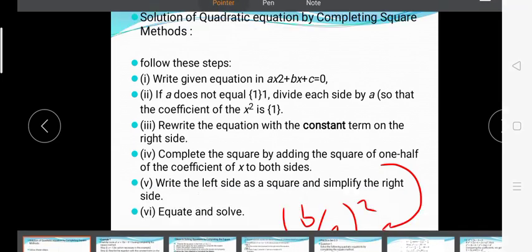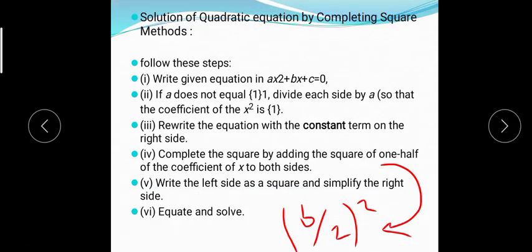Okay, students. So after shifting this term, first write the equation in general form. Make the coefficient of x square 1. Rewrite the equation with the constant term shifted towards the right side.